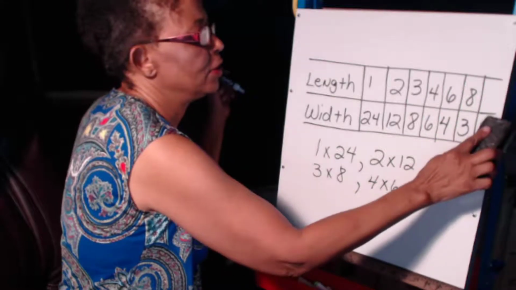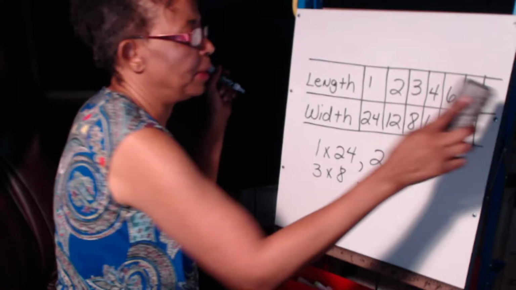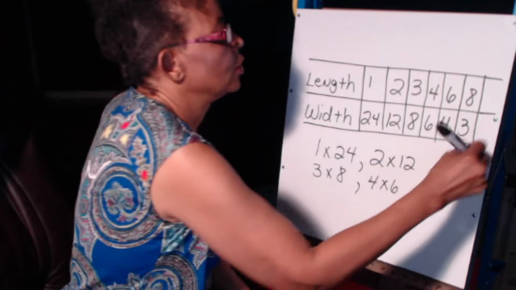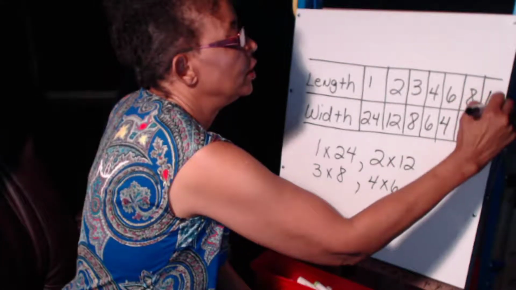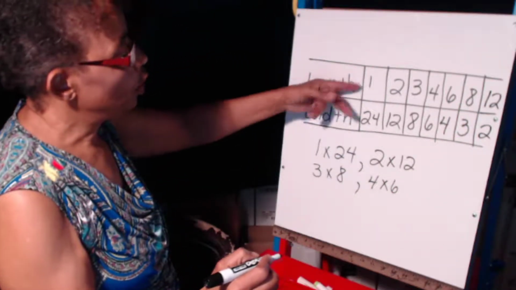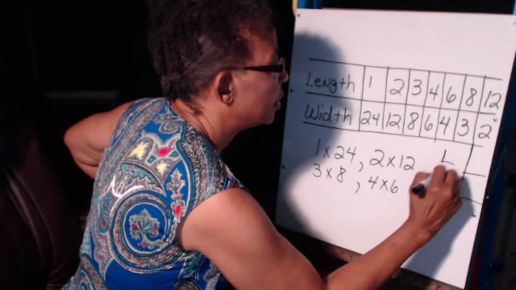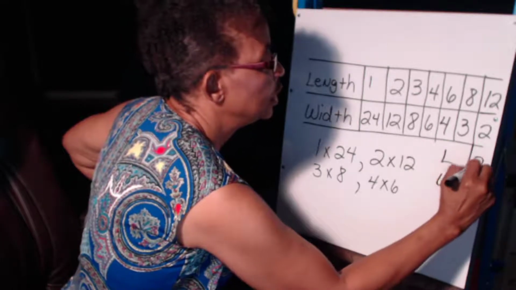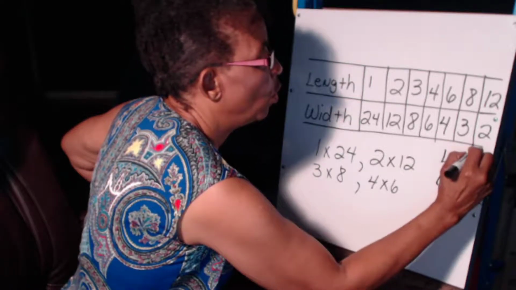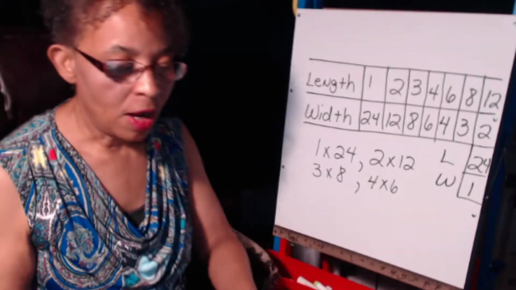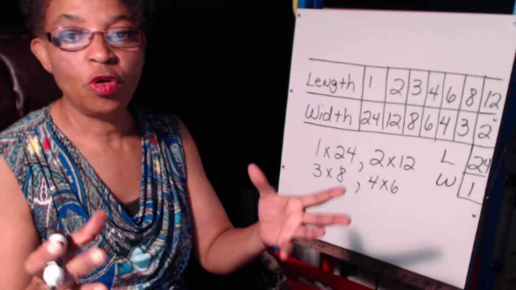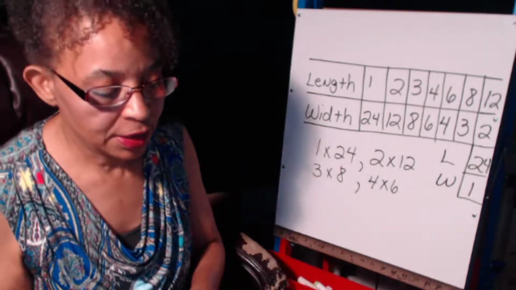See, I need my students, they always stop me and correct me. So then we have 12 for the length, 2 for the width, and then we're going to invert the first one. Our length would be 24 and our width 1. Those are all of the multiples for a rectangle, taking everything into consideration.